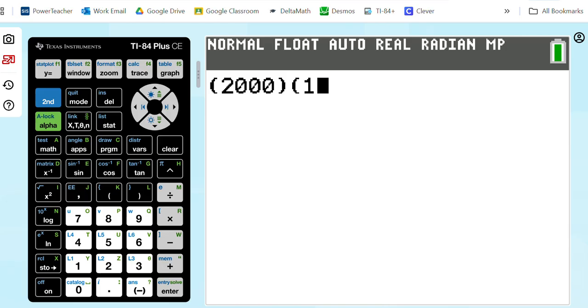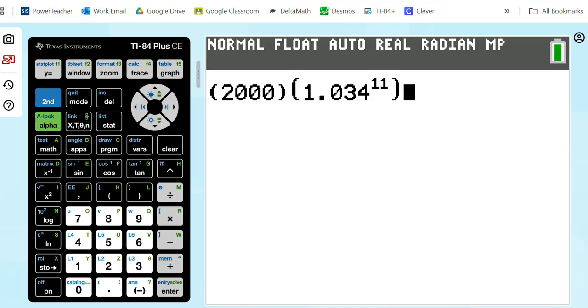And then parenthesis 1.034 to the power of, and that's this button right above the division sign. On your calculator, it may not actually make it look like an exponent. It may just put that little up arrow. And then you can put the 11th power after that. I'm going to close my parenthesis.